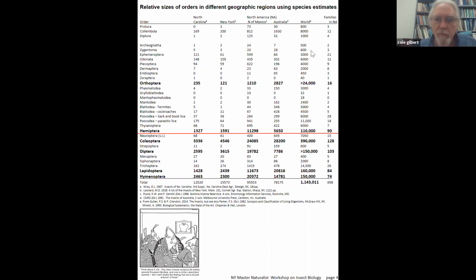All these above, almost all these above the red line, the immatures look like the adults. So let's take the grasshoppers here in the Orthoptera. A little grasshopper looks like a big grasshopper, except for wings and genitalia. But it does the same thing as the adult. In essence, it actually competes with the adult in the niche.